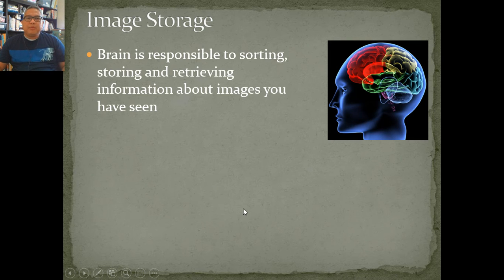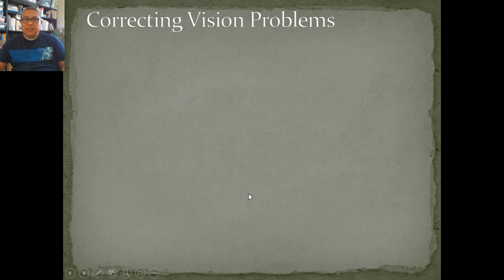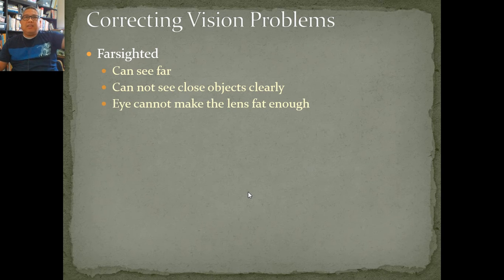Okay, image storage. The brain is responsible for storing and retrieving information about the image you've seen, and correcting vision problems. So if you're farsighted, you can see things from afar. And by the way, that's a dominant trait. More people are farsighted compared to nearsighted. But the trend now, because of screens, cell phones, tablets, and looking at the computer all the time, is that more and more people are becoming nearsighted than farsighted.